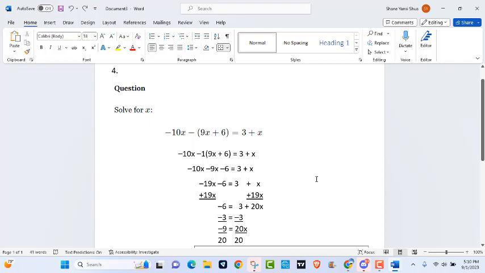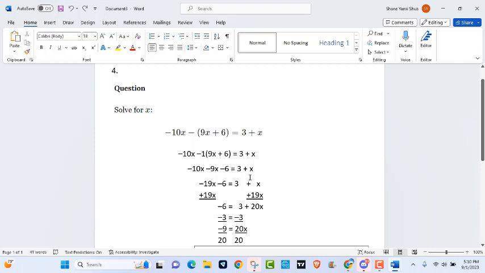Now our next steps, we're going to combine like terms here. We're going to combine the negative 10x along with the negative 9x. That's going to give us a negative 19x here. So we're going to have negative 19x minus 6 equals 3 plus x. All right? Then since we want to solve for x, we want to make sure that the x's are on one side of the equation, and our numbers are on the opposite side of the equation.